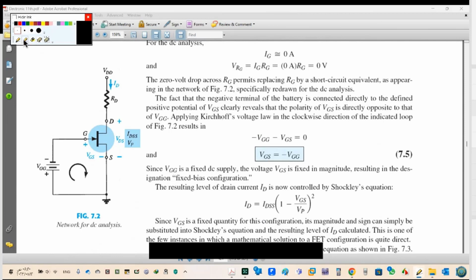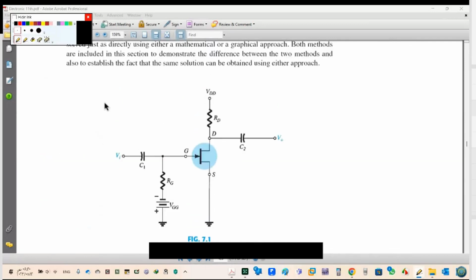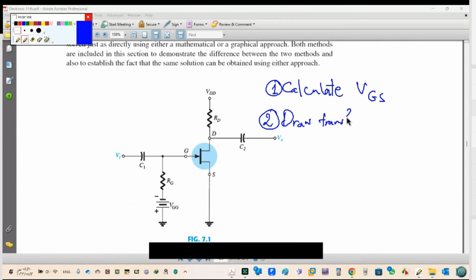Let's remember what we said before in BJT. I will write here again. In FET, first we calculate VGS, then draw the transfer curve.